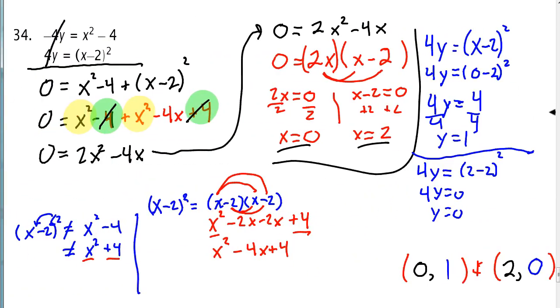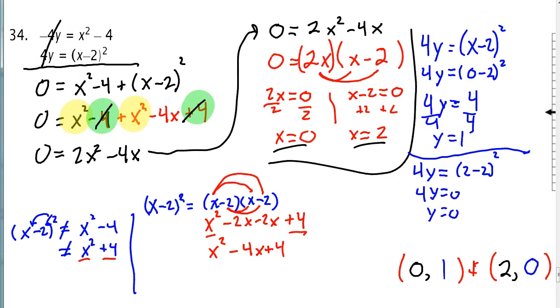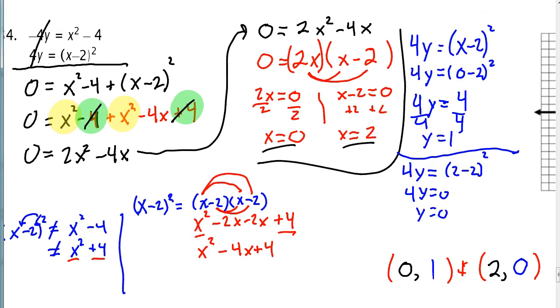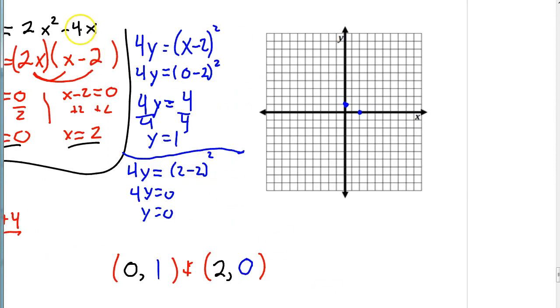And let's look again at our equations. So the first one we have -4y equals x squared minus 4. So let's write that here. We have -4y equals, I already forgot, x squared minus 4.